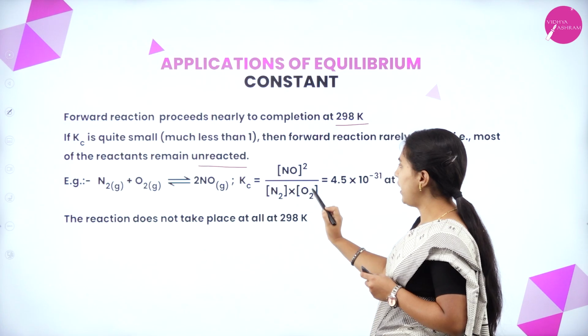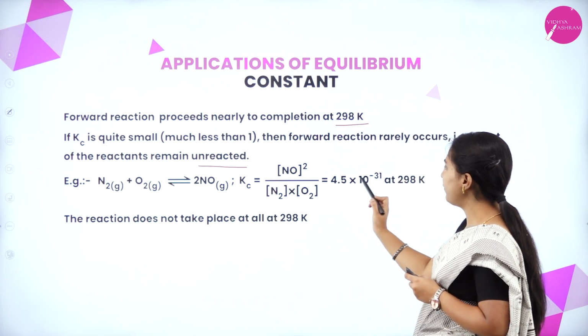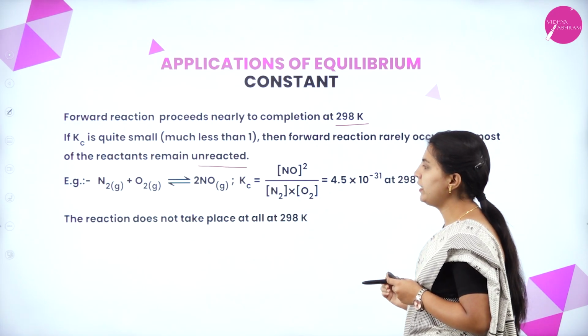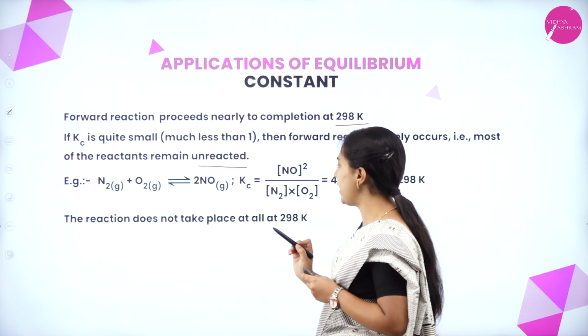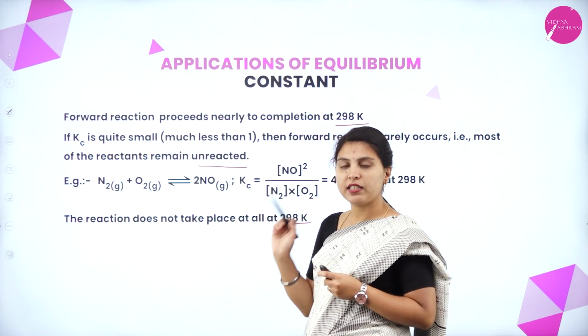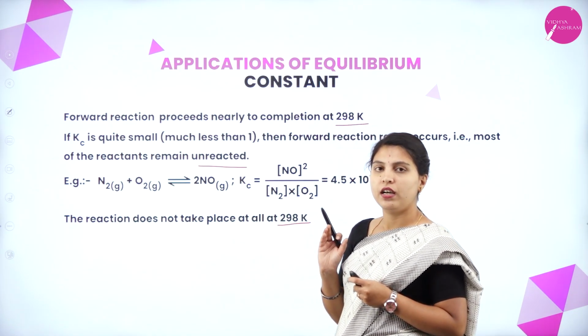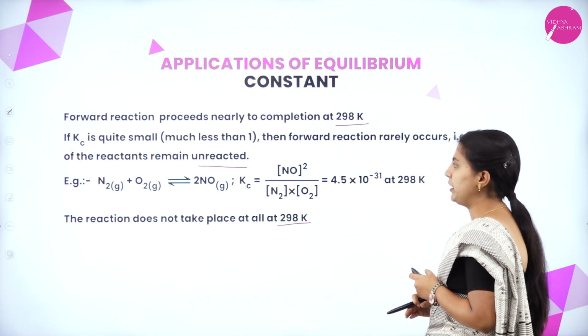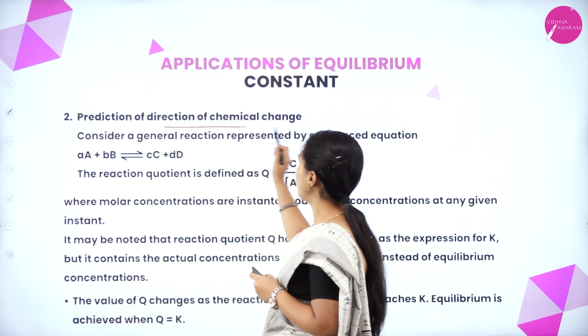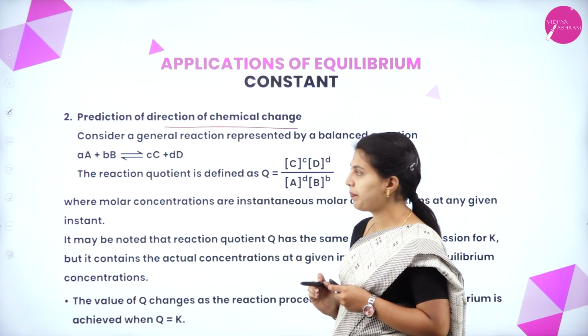Here the reactants, here the product, Kc is 4.5 into 10 to the power of minus 31 at 298 Kelvin. The reaction does not take place at all at 298 Kelvin, meaning the reactants remain unreacted.